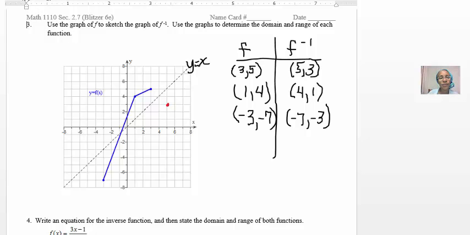Let me plot the point (4, 1). So that's the mirror image of this point.